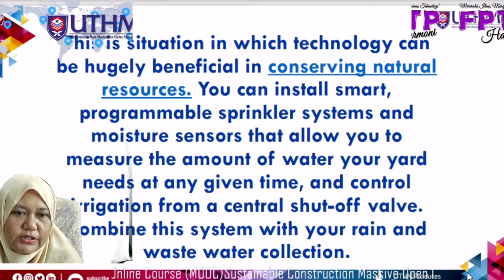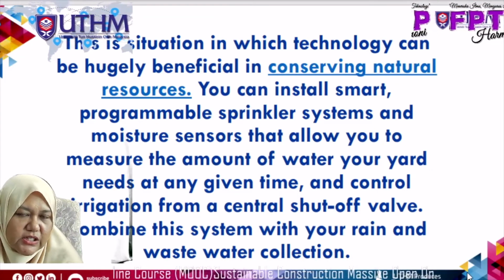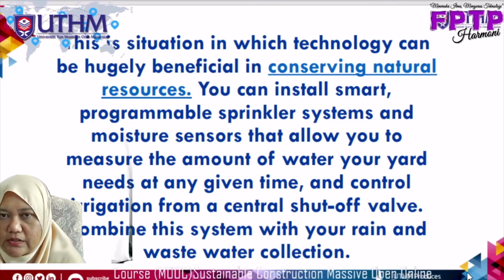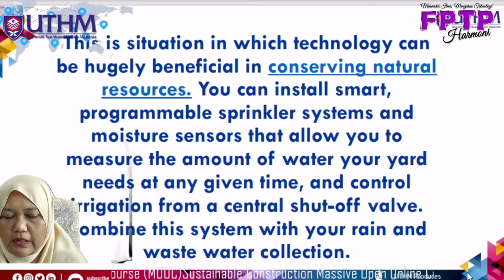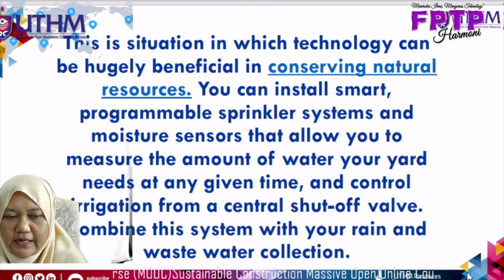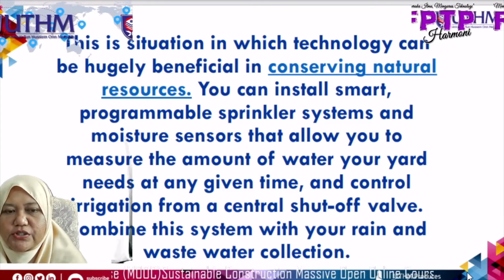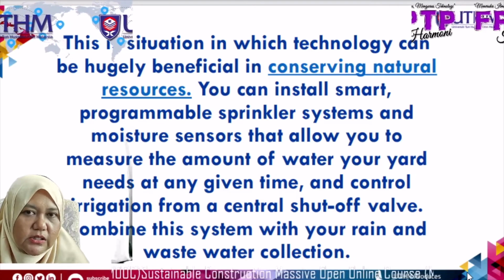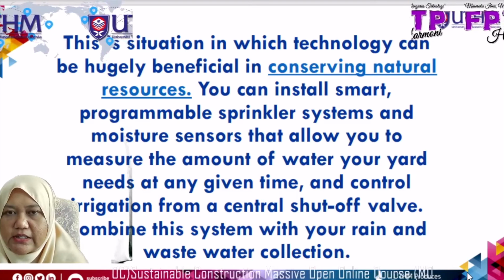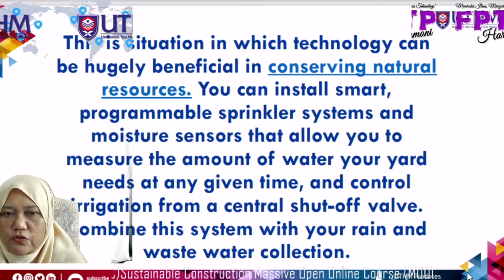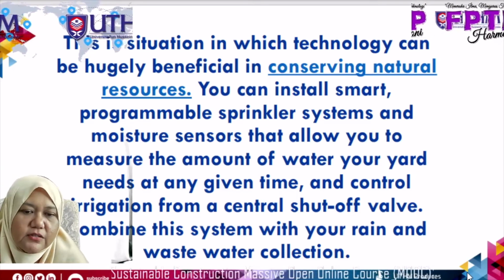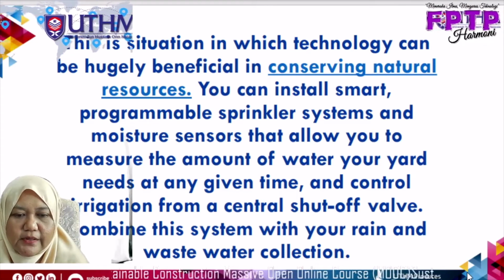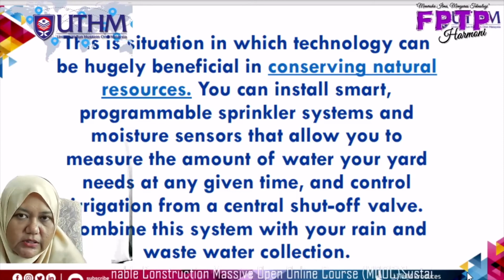This is a situation in which technology can be hugely beneficial in conserving natural resources. You can install smart programmable sprinkler systems and moisture sensors that allow you to measure the amount of water your yard needs at any given time and control irrigation from a central shut-off valve. Combine this system with your rain and wastewater collection.